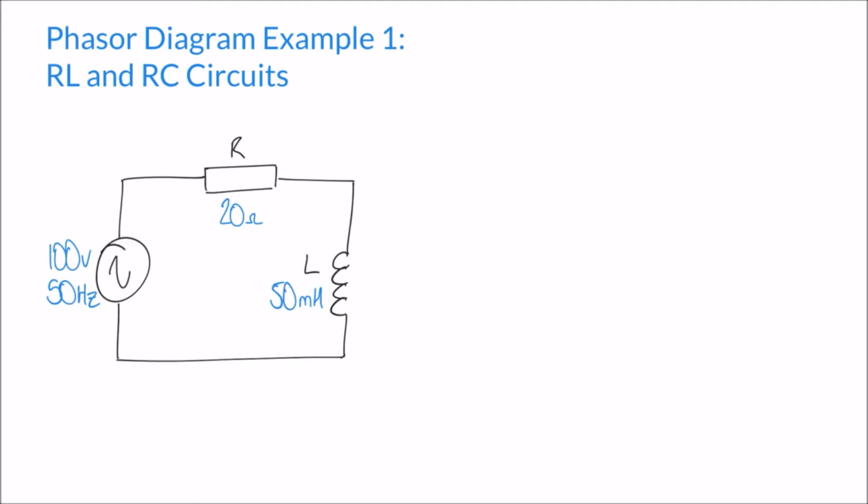So before we can do that, we have to look here at our inductor, which is a 50 millihenry inductor, and that inductor has a reactance. If you haven't watched our videos on calculating things like reactance and impedance in simple circuits, then again, I would advise doing that first. But in this case, our reactance we can express as XL, the reactance of an inductor, and the formula to calculate that reactance is 2 pi FL.